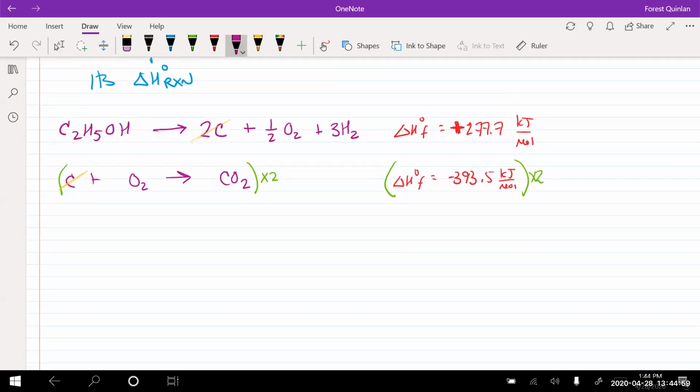I'll do the same thing with the hydrogens plus half of the oxygens to make H2O, keeping that delta H naught of formation as it is, negative 241.8 kilojoules per mole.